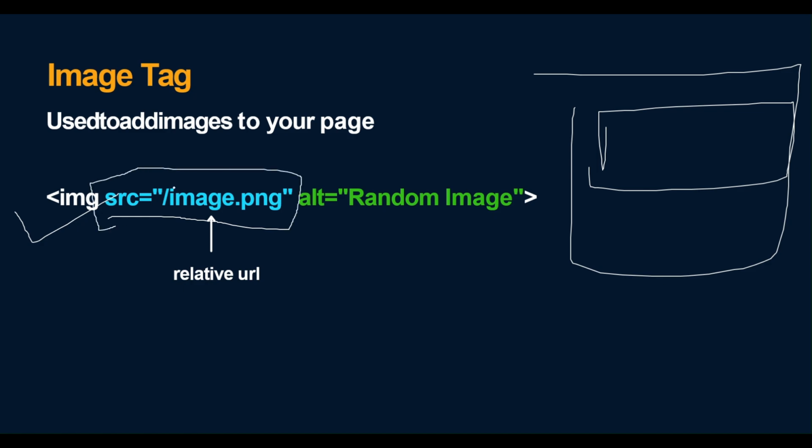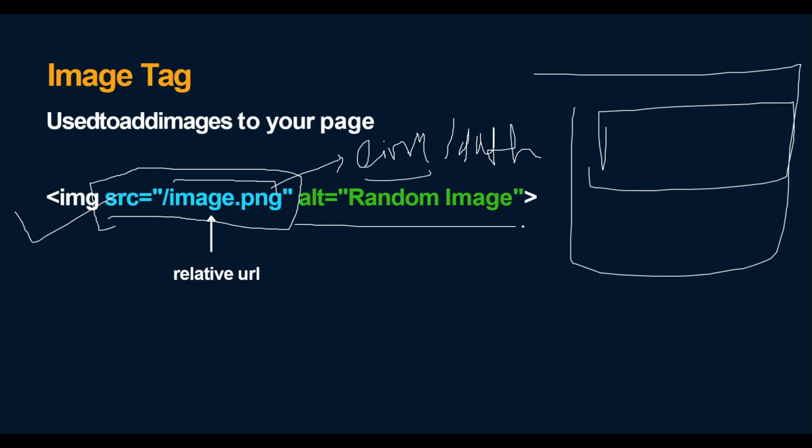Inside src you can pass your image link or image path. If the image is downloaded to your system, you can use the image path, or for online use you can use the image link. Alt is another attribute that describes the image, for example a random image. Let's try this one.